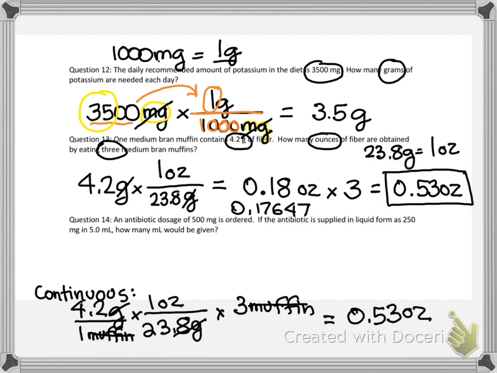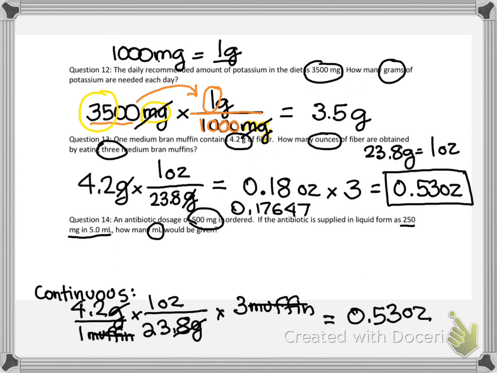Okay, let's try this one more. And I know with conversions there's a lot going on here, so just keep being patient with yourself. Keep practicing. So question 14 says an antibiotic dosage of 500 milligrams is ordered. Okay, so I know I have 500 milligrams. The antibiotic is supplied in a liquid form and it has 250 milligrams in 5 milliliters. How many milliliters would be given?